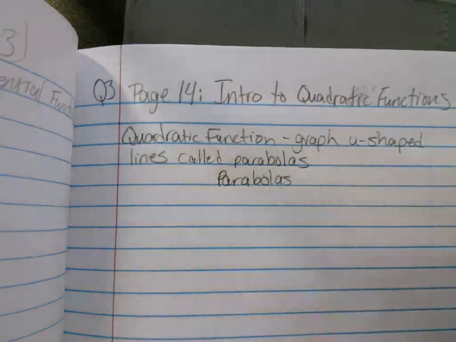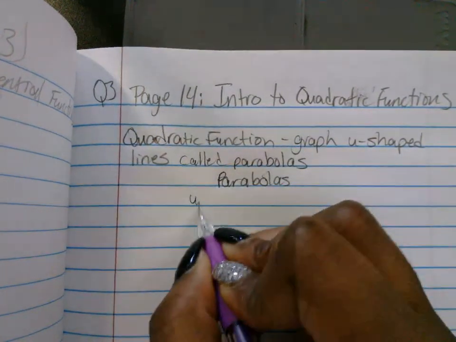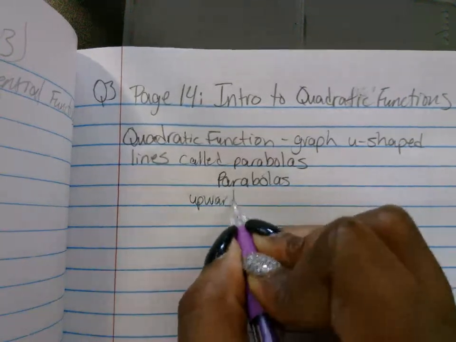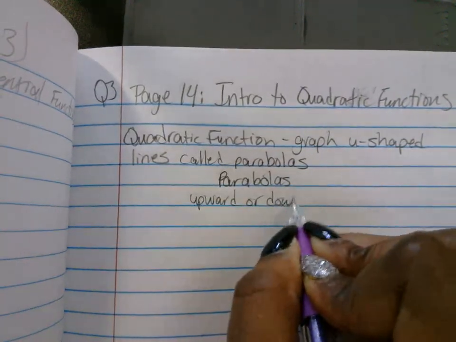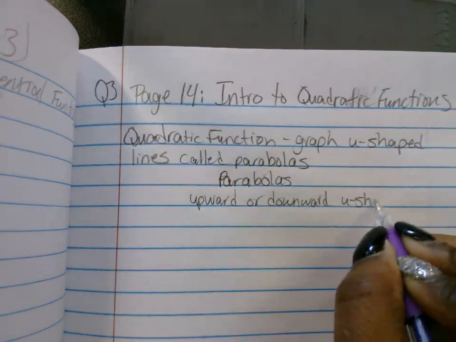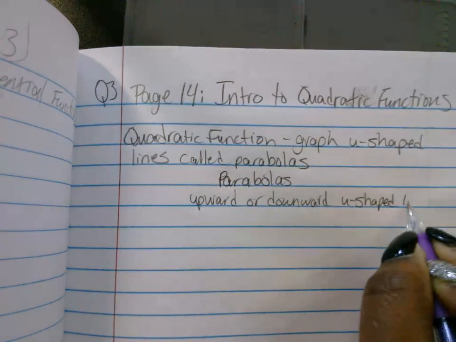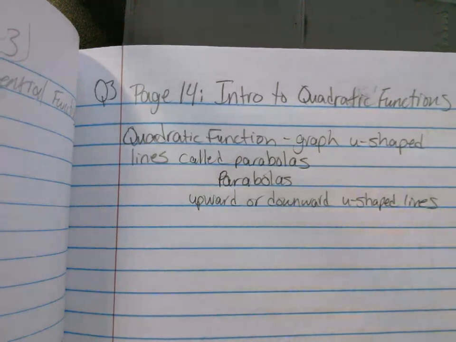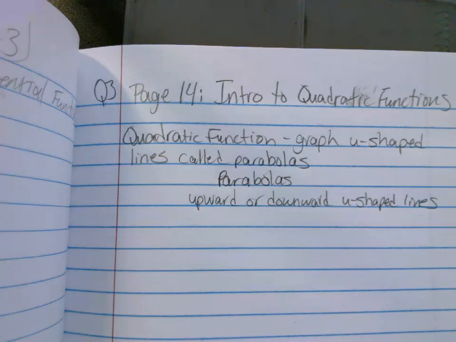Parabolas are either upward or downward U-shaped lines. You do not have parabolas that have sideways U's. That wouldn't be a function because that means some of the x values would repeat.